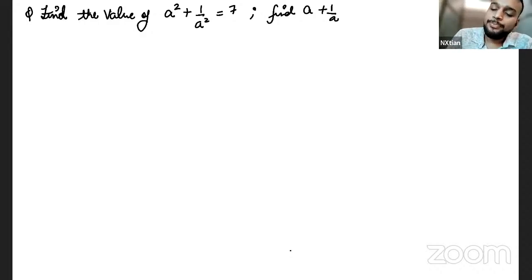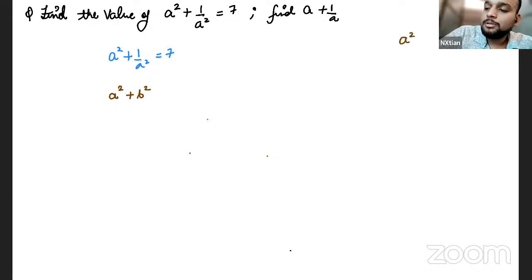First of all, a square plus 1 upon a square is equal to 7. I will assume this as a square plus b square. So what is missing? Plus 2ab, so that the identity can be formed: a square plus b square plus 2ab will form a plus b whole square.